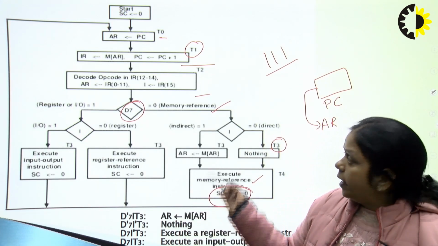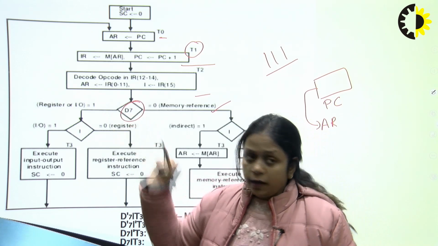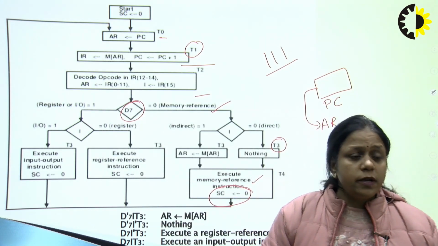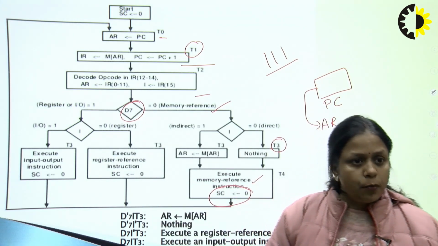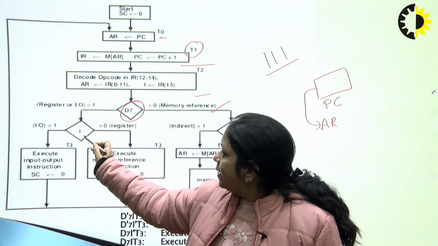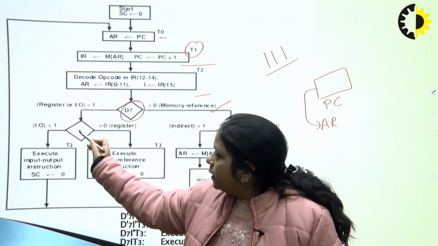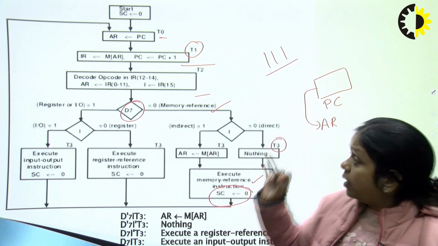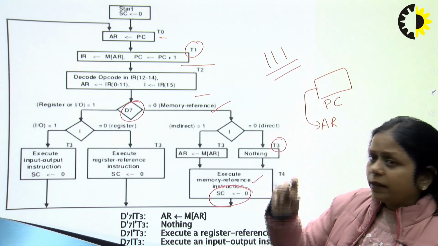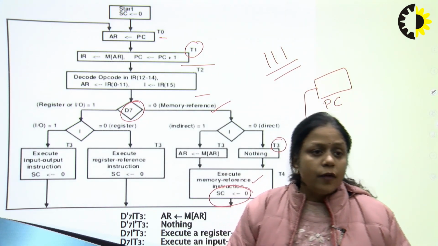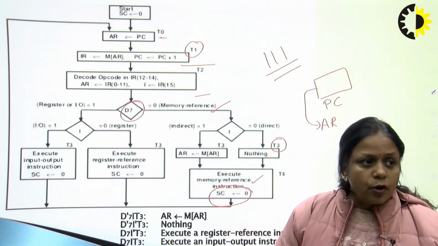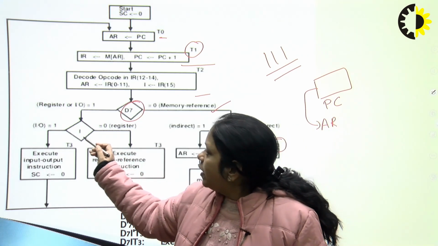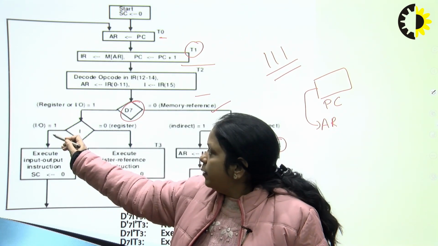Now, if the value of D7 is 1, then what will happen? Then the instruction can be register reference or input output. For example, you can see here, the opcode value will be the same, but from the value of I we can find out whether it is an input output or register reference instruction. If the value of I is 1, then it is an input output instruction.